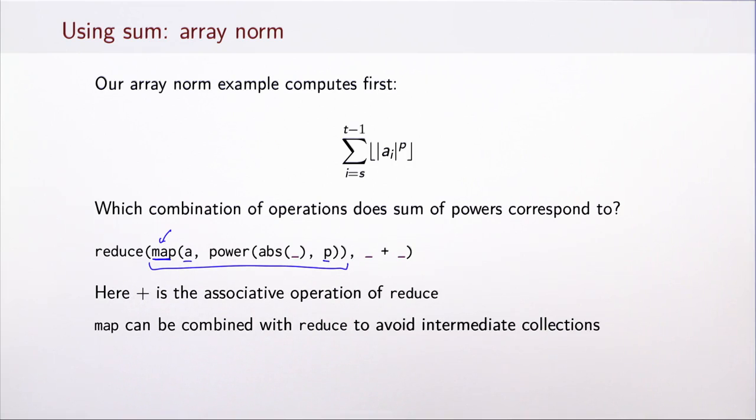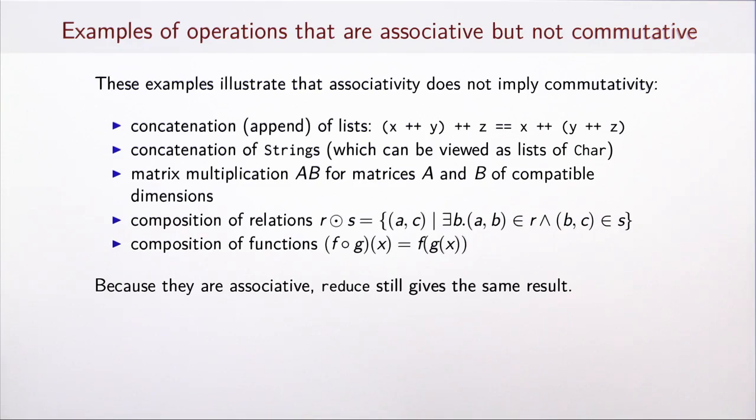This avoids the overhead of building intermediate collections. This improves both memory and performance characteristics of our program because we avoid this unnecessary allocation.